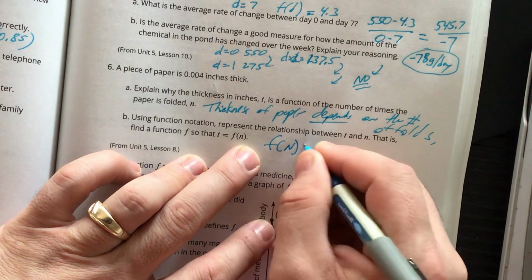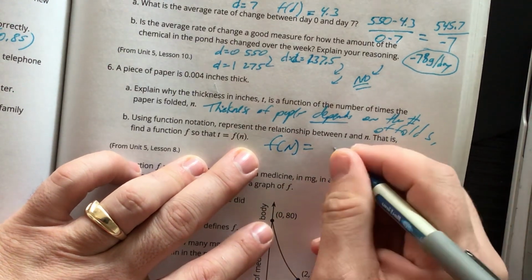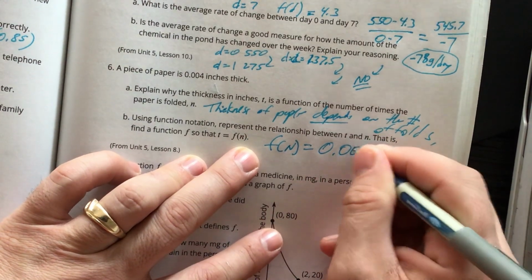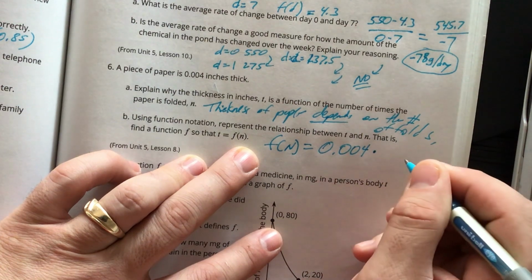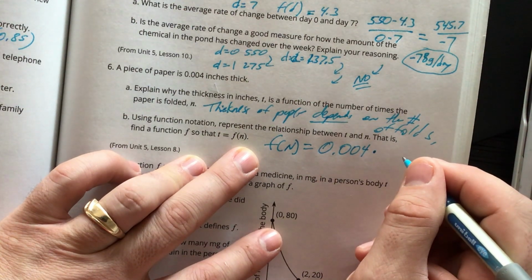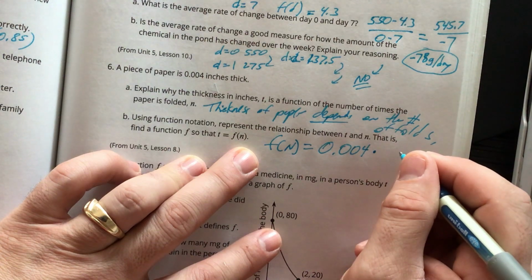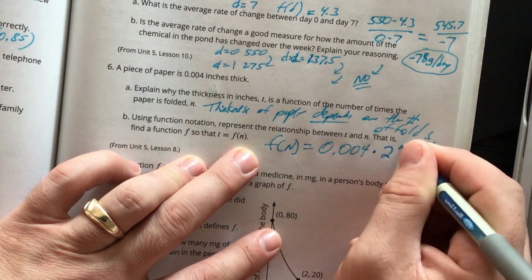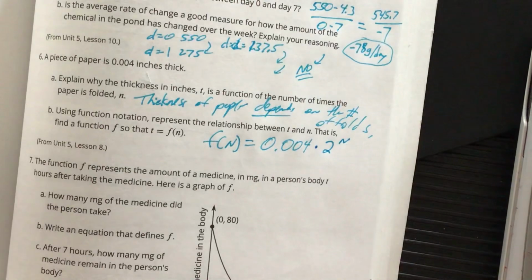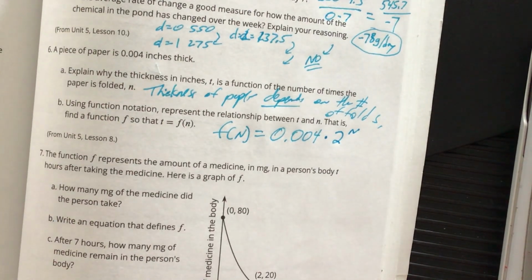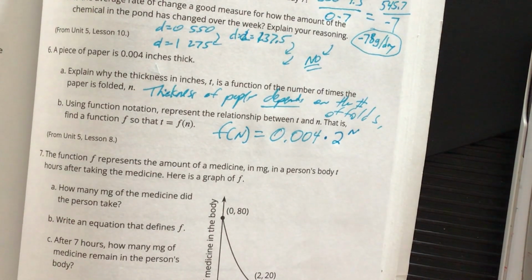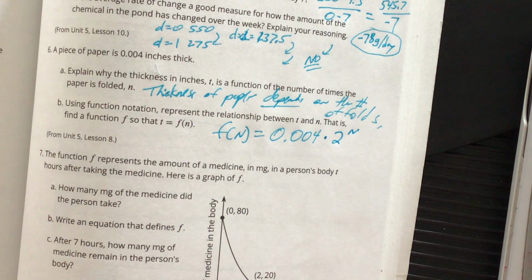Well, f of n equals initial amount, 0.004. I guess we're folding it, we'll consider it being by halves. And a double in thickness each time, depending on how many folds it has.